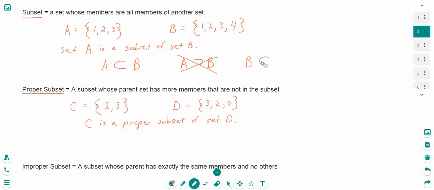We would say B is not a subset of A. So we draw this slash through it. And the slash, remember, always indicates not. So B is not a subset of A. All right, so that is how we are mathematically going to denote subsets with symbols by this sideways U shape. Okay, so C is a proper subset of D. This is true. Let's move on.